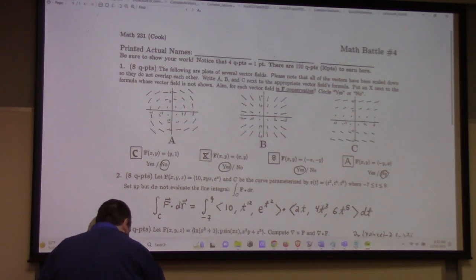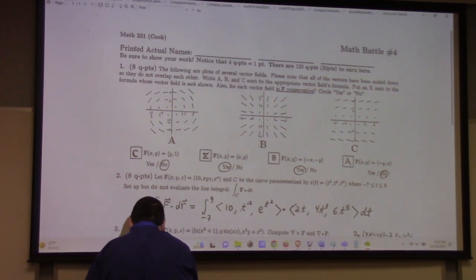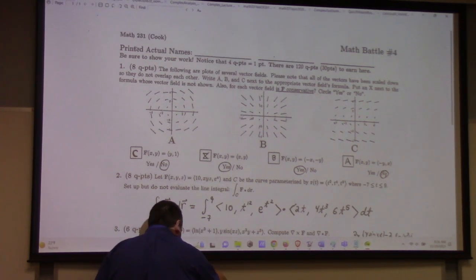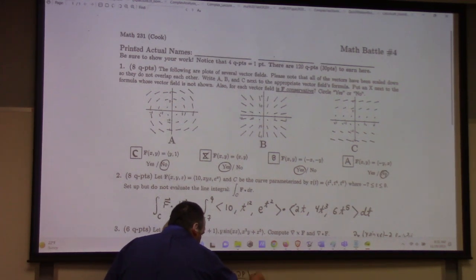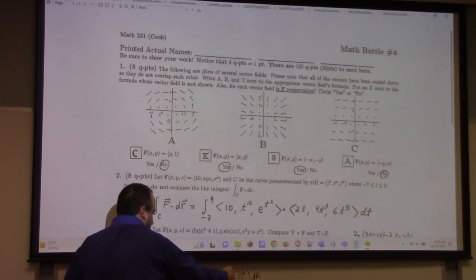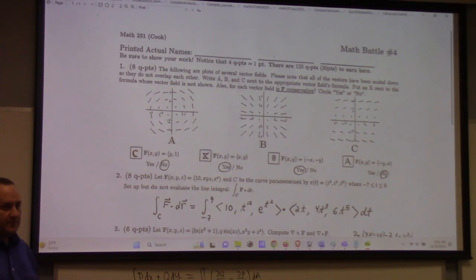The integral of p dx plus q dy over the boundary of the region is equal to the double integral over the region of partial q partial x minus partial p partial y, right? So that being 0 is a test for it being locally conservative in the plane if we're looking at the vector field (P, Q).